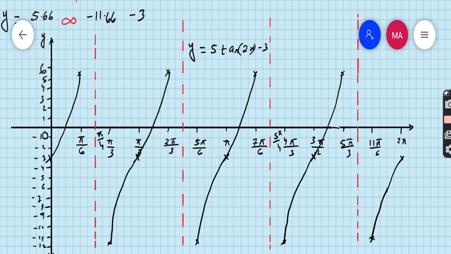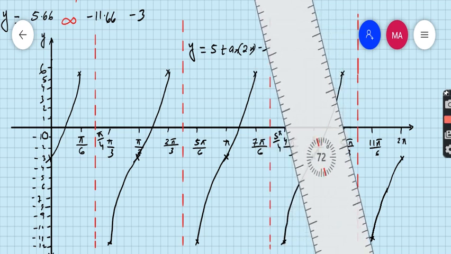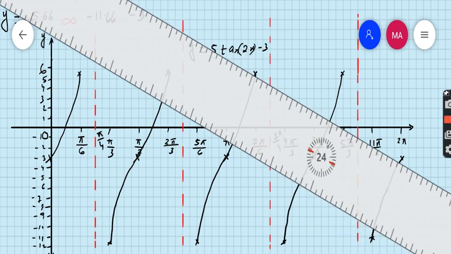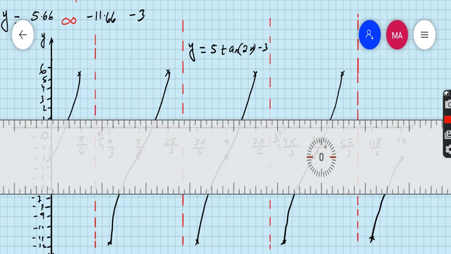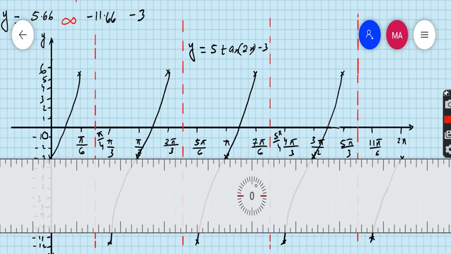One more thing which is very important, draw a dotted line which can show the y shift. The y shift for 5, 10, 2x minus 3 is minus 3. So I am going to draw the y shift by using blue pencil.